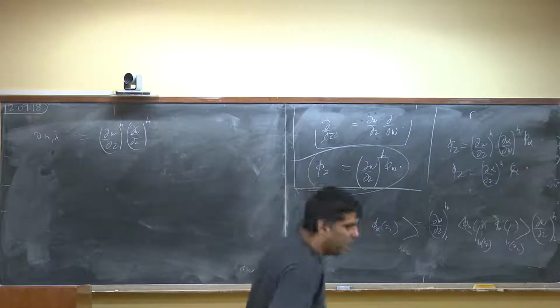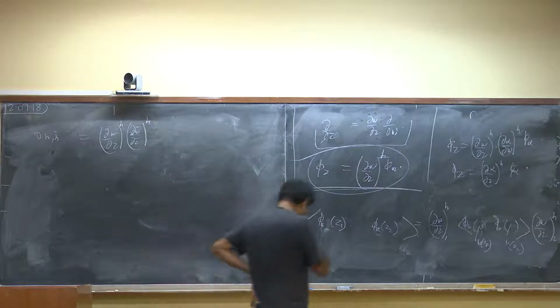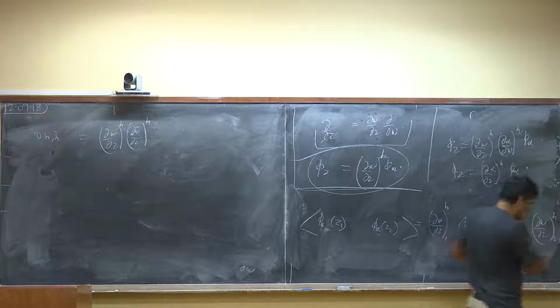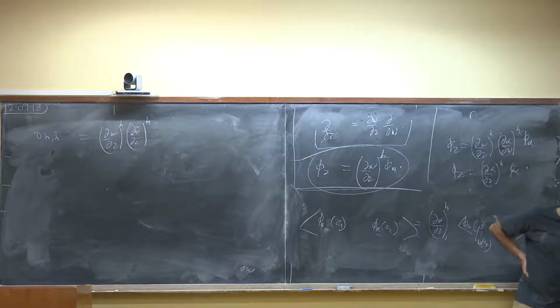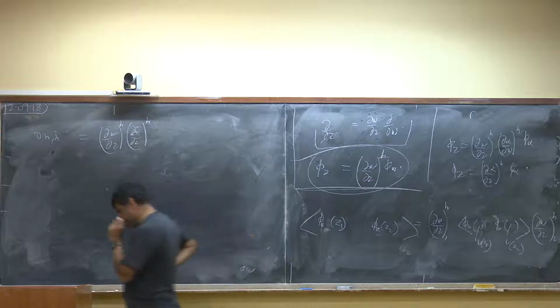But not every operator has this form. Now, you are asking, is it consistent to have a primary operator with fractional weight? Maybe when you put all the insertions together.